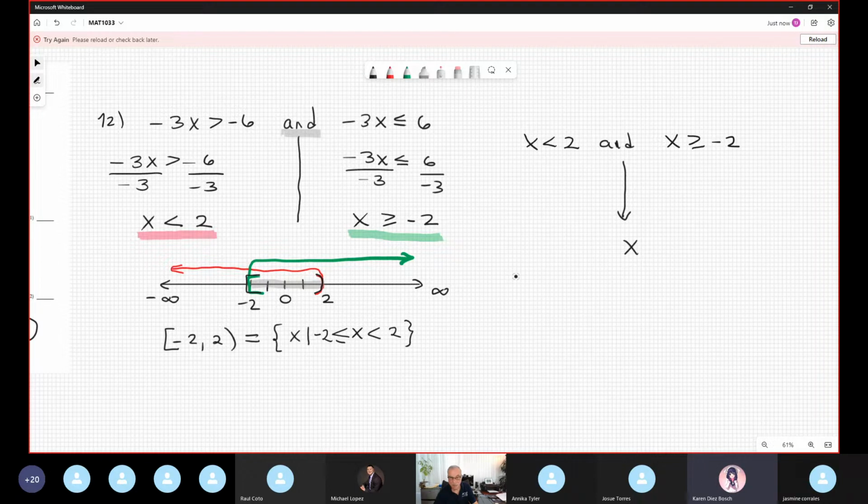You put less than 2. That part is identical to this. Yes or no? However, if I want to include only one x, I propose one transformation here. You interchange. You put -2 here. You put x here. And when you interchange, mandatory, you need to change the direction of the sign. Make sense? Yeah.